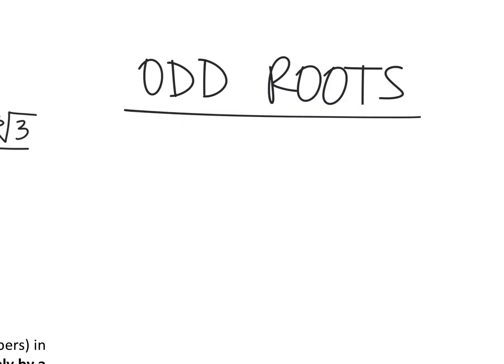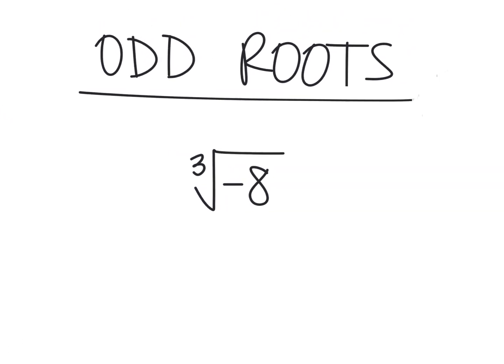So as a sidebar, if you have an odd root, such as, for example, the cube root of -8. When you see a negative in a root, what do you immediately think? I, right? Which is the case when it's a square root, or actually any even root. But good news for you. When it's an odd root, actually there's not an I, because what number times itself 3 times gets me -8? -2.